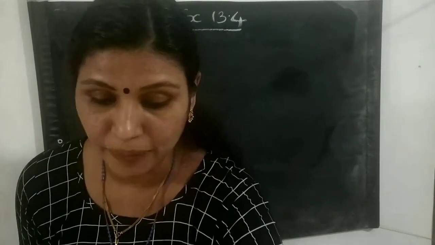And the second question is: find the surface area of a sphere of diameter. Here the diameter is given. From this you first have to find the radius, and next apply it in the equation. Then the third question is: find the total surface area of a hemisphere of radius 10 centimeters.